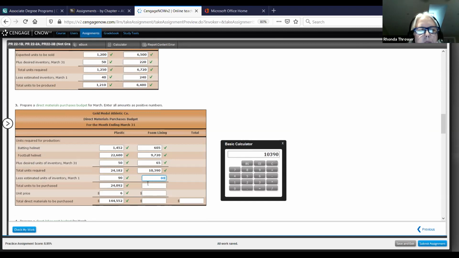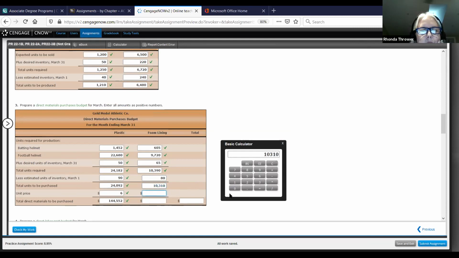And this is going to be deducted from the total units required for the foam lining. And that will leave you with 10,310 units that are to be purchased.